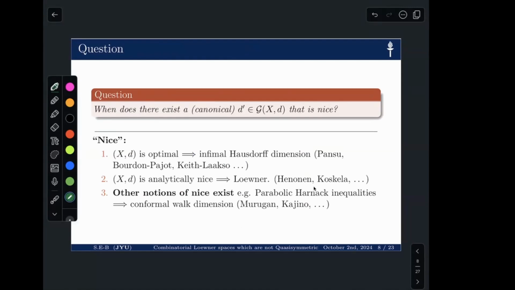Some classical ones that I will focus on: in some sense the metric is optimal. We have some functional measuring the size, and Hausdorff dimension or Hausdorff measure is one nice way of measuring the size of the space, and we might want to choose the metric that makes this Hausdorff dimension, and consequently also the Hausdorff measures, as small as possible.